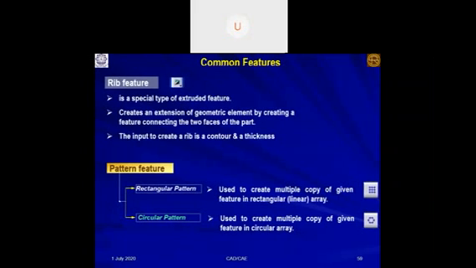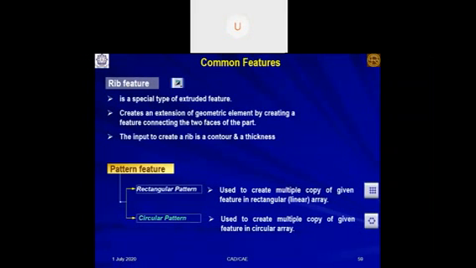So if you would like to create the same object multiple times, and it is arranged in a rectangular fashion, you can use the rectangular array or rectangular pattern. If it is over the circumference of a circle, then you can use the circular pattern or circular array. Different software uses different names. Fillet is used for smoothing the sharp edges of the solid. The input to create a constant radius fillet feature is to select the edges to be filleted and the fillet radius.